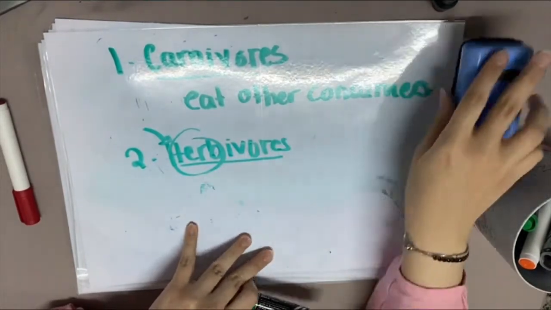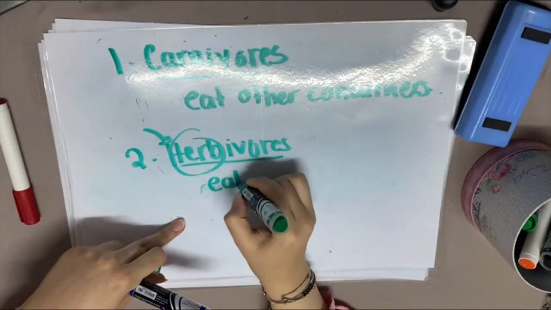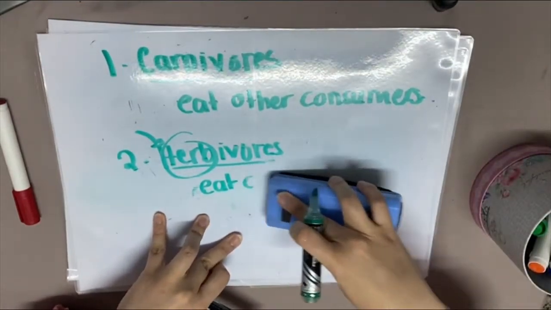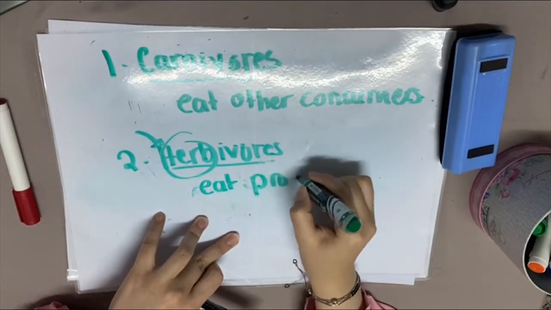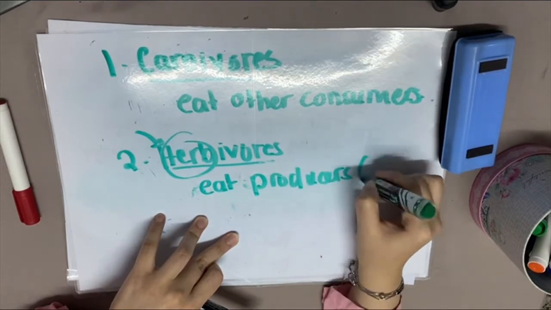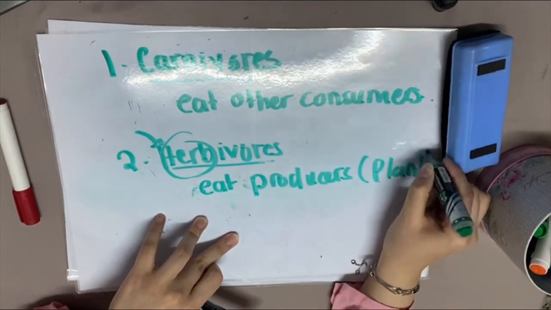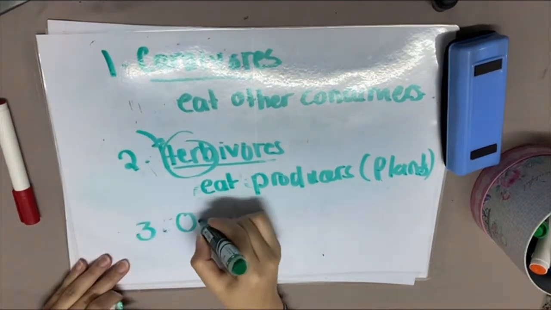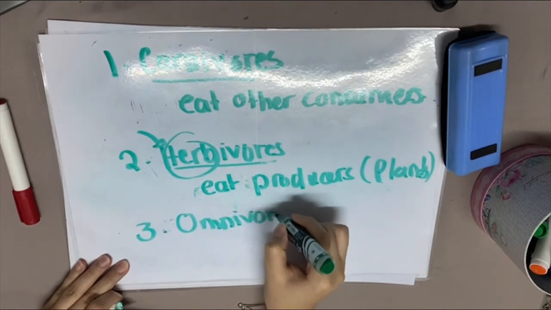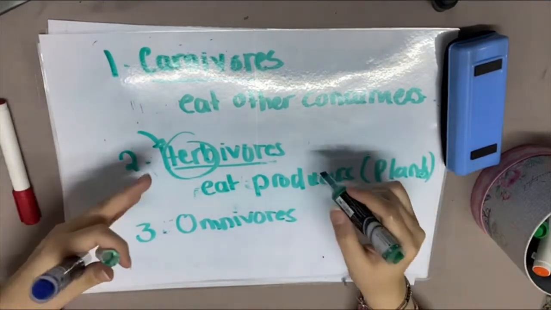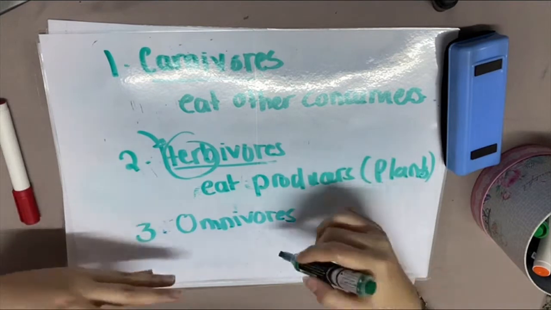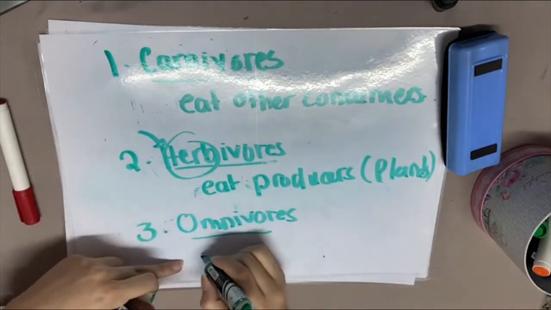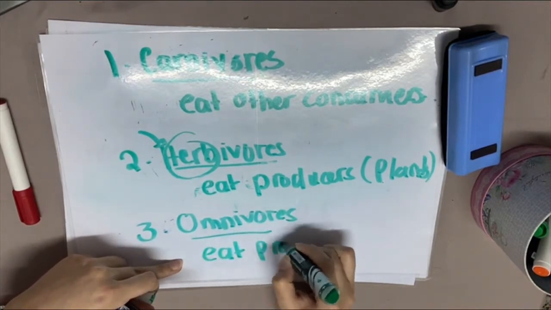Herbivores eat producers like plants, mainly. And then the third kind we're going to discuss are omnivores, which are like us humans. Herbivores can be cows or sheep. Omnivores are technically organisms that eat both producers and consumers.